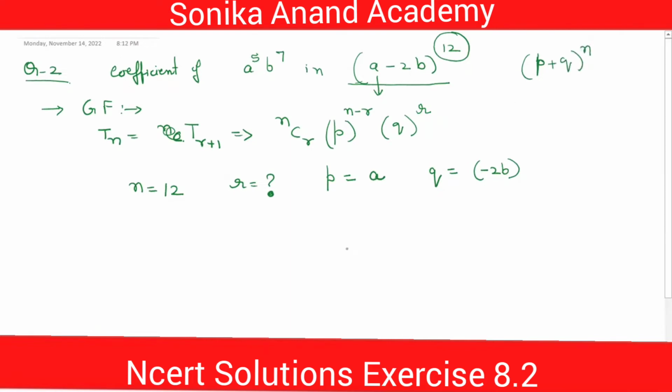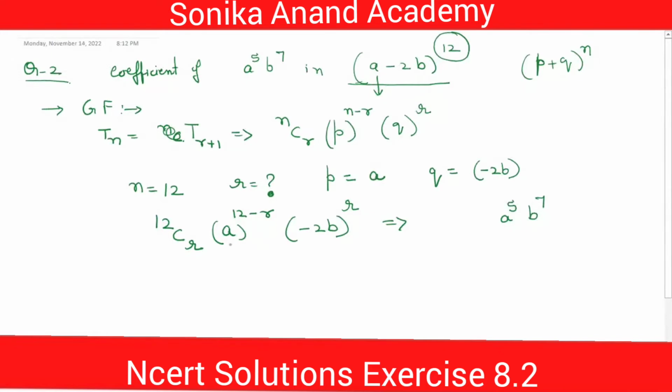Now listen. We substitute all the values over here. 12Cr a to the power 12 minus r, minus 2b to the power r. And we have to find the coefficient of a^5 b^7.